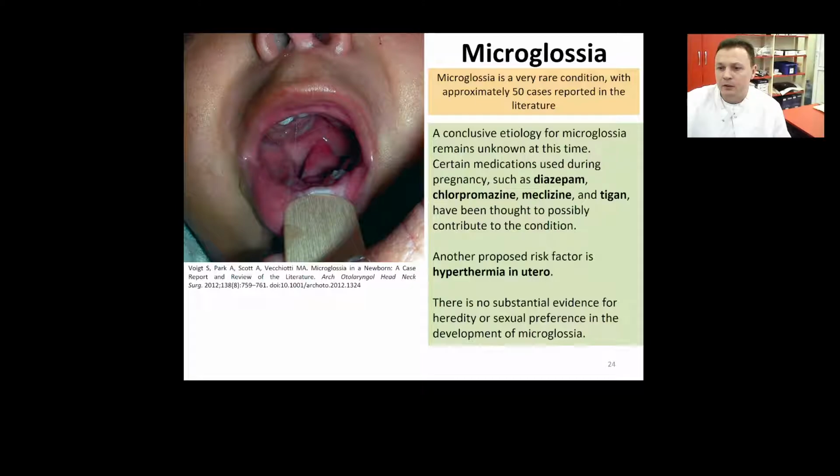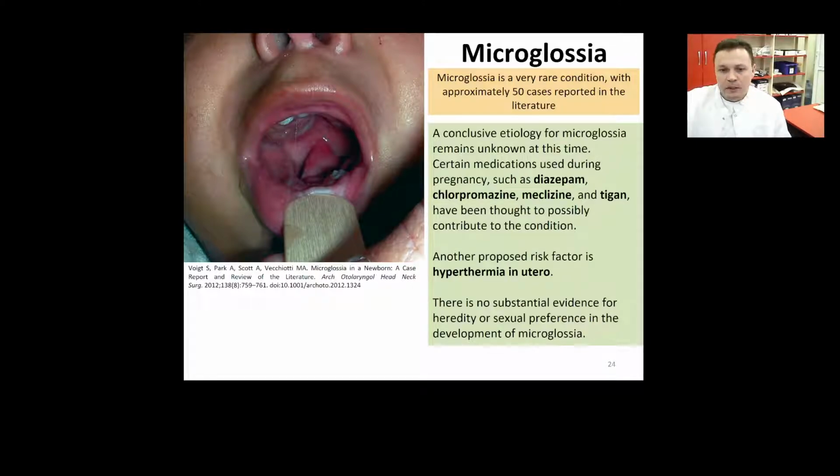Certain medications used during pregnancy, such as diazepam, meclizine, and thalidomide, have been thought to possibly contribute to these conditions. Another proposed risk factor is hyperthermia in utero, especially in association with Moebius syndrome.